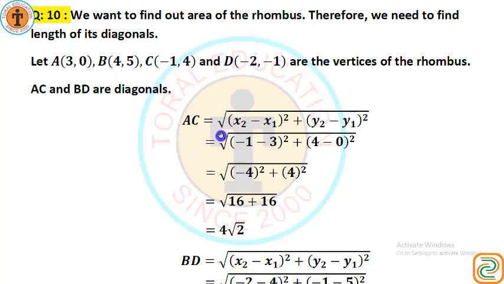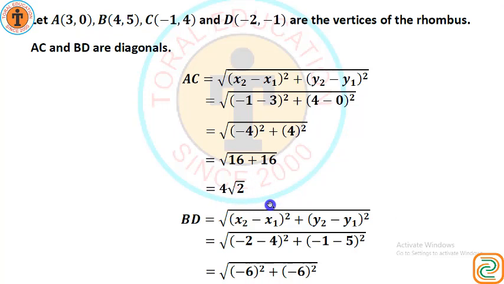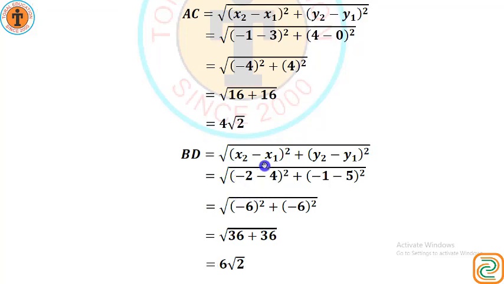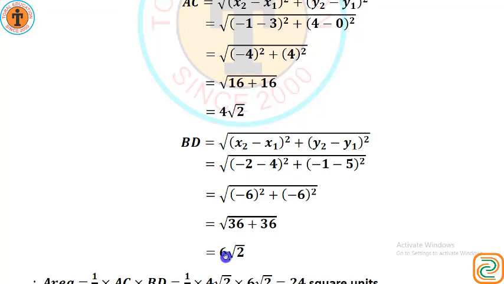AC, we use the distance formula, square root of x2 minus x1 whole square plus y2 minus y1 whole square. x2 that is minus 1 minus 3 whole square plus 4 minus 0 whole square. Minus 4 square plus 4 square, that is 16 plus 16, equals 4 root 2. 4 root 2. Similarly BD we have got 6 root 2.